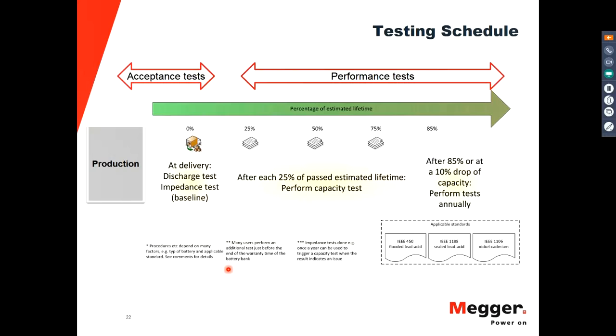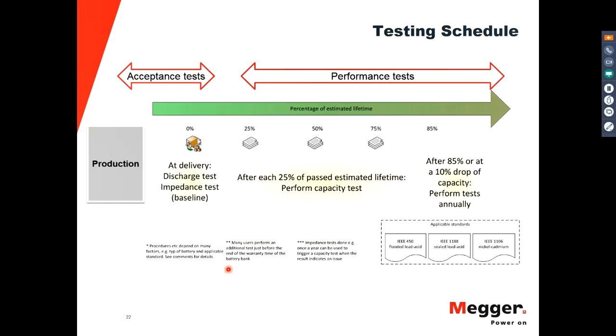And then within the first 2 years of the life of the battery, you run the performance test. You run another capacity test. And from that point on, you perform the test every 25% of the life of the battery.